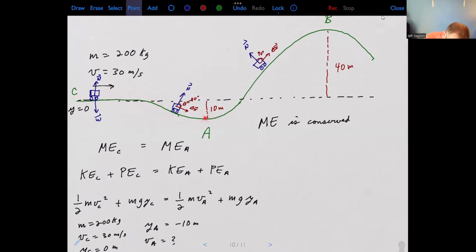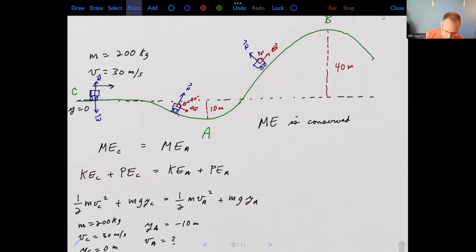Now we also want to calculate the velocity or the speed at position B here. And since it's going way up this hill, you expect it to be slower, right? So what's happening here is, it's losing potential energy but gaining kinetic. Here it's going to be gaining potential and losing kinetic, so it's going to be going slower. But the sum of the kinetic and potential is always the same, right?